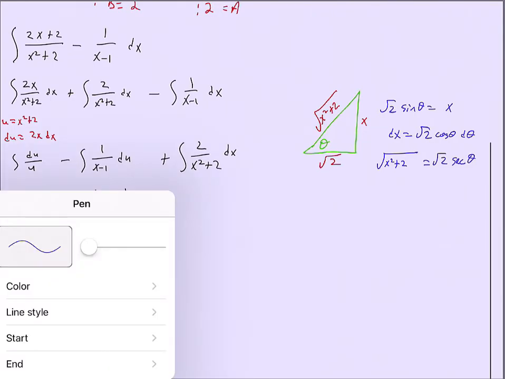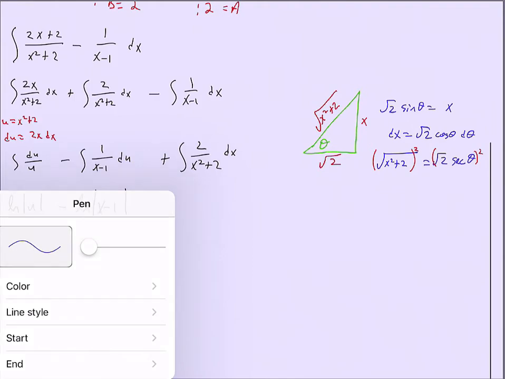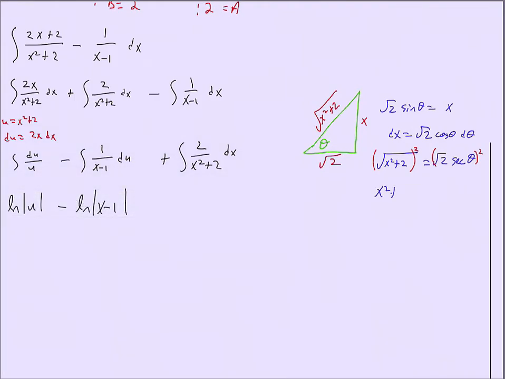And we saw this in our last lesson during class, that if I want to figure out what x squared plus 2 is by itself without that pesky radical, I'll just square both sides. And then we can say that the x squared plus 2 by itself is equal to 2 times the secant squared of theta.